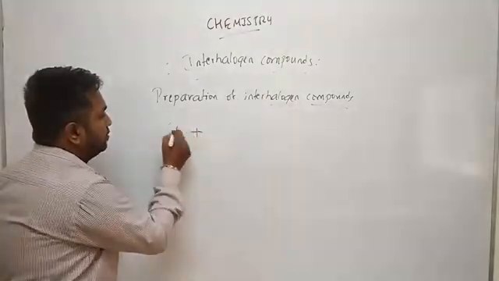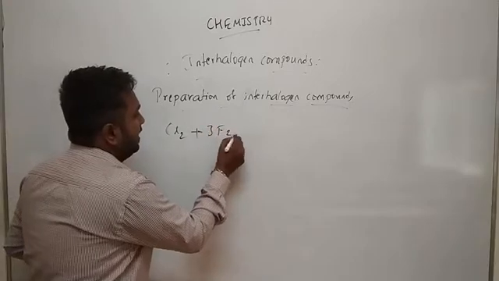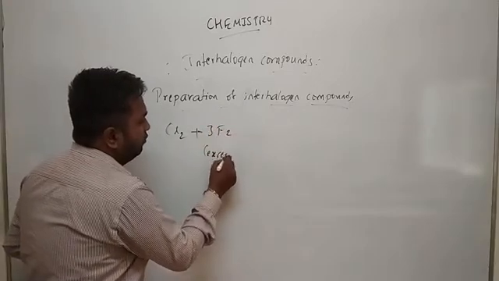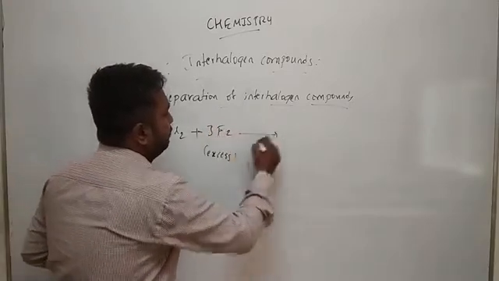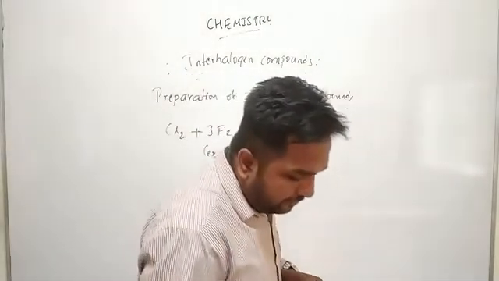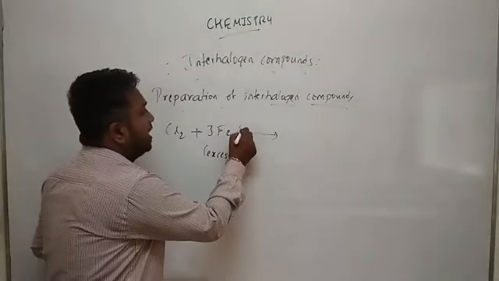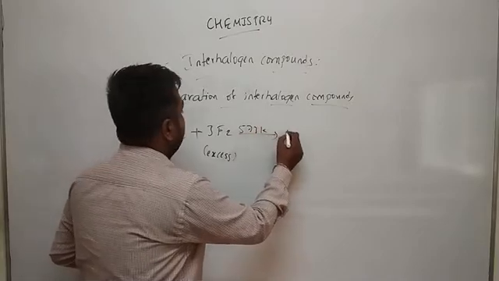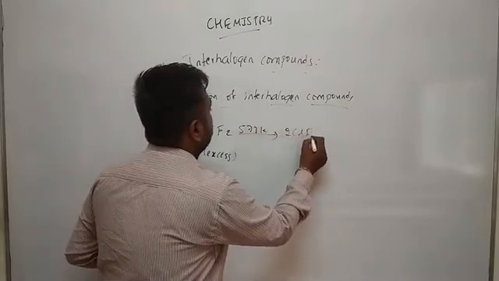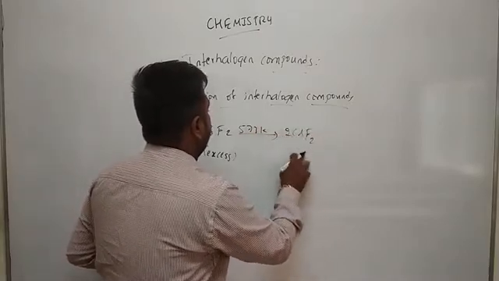When you treat chlorine with excess of fluorine at the temperature of 573 Kelvin, you get ClF3.